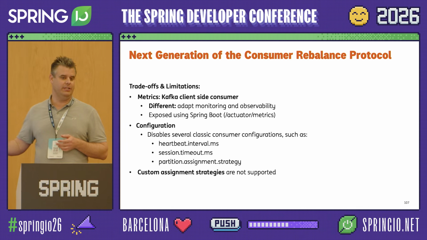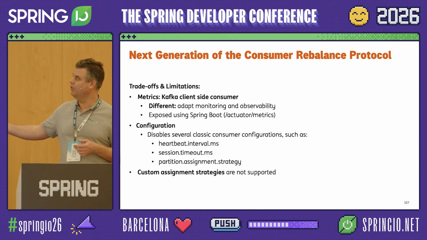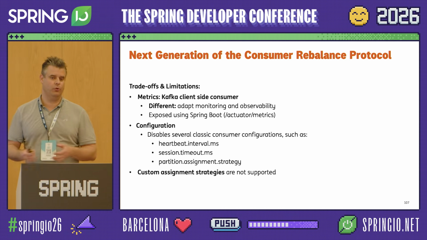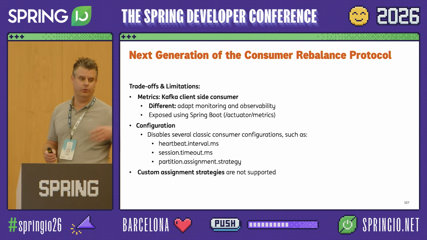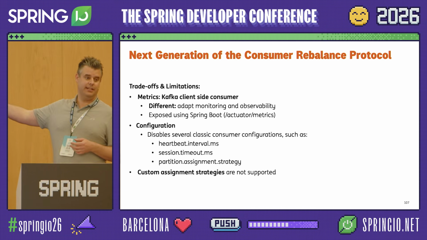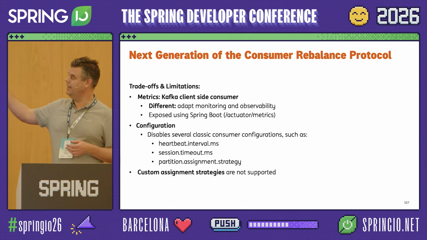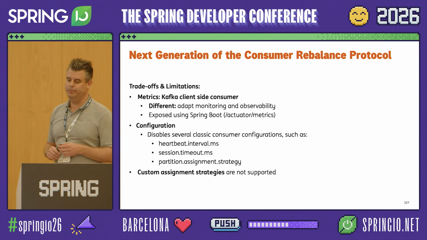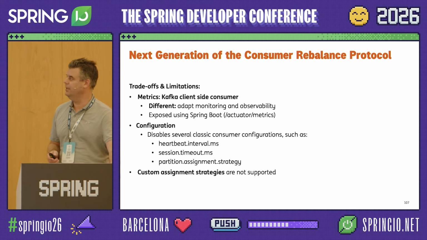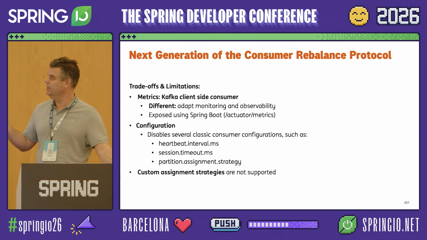Some configuration properties will not apply on your consumer anymore, and there are also new metrics to observe your consumer, both on the broker side, but of course also on the Spring Kafka side. The nice thing is that those metrics are already exposed using Micrometer for you. But you have to do some work there to change your observability stack to the new protocol.